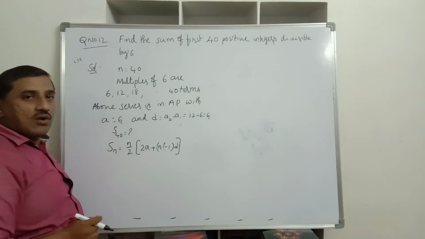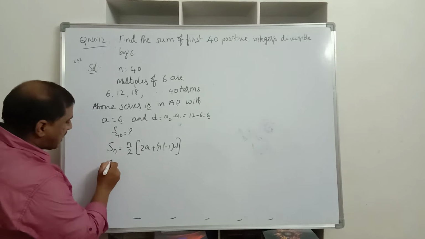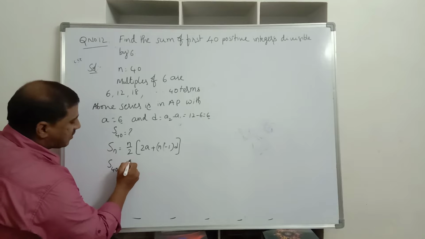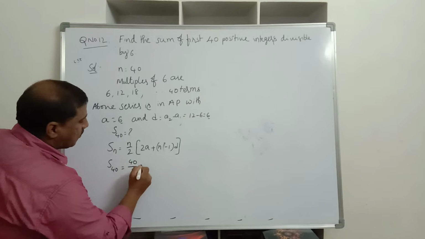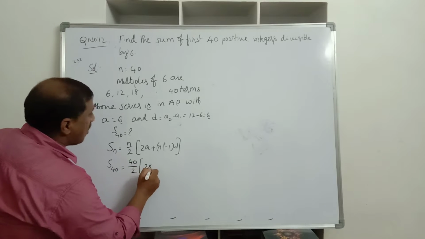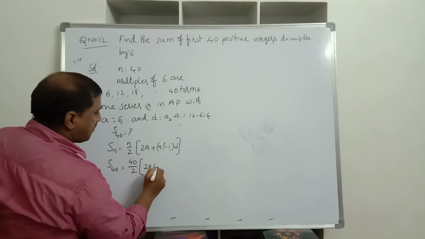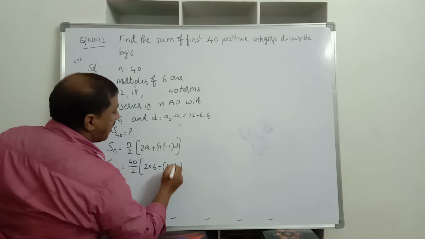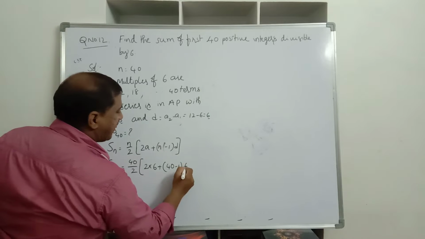Now substitute n equal to 40. Therefore S40 is equal to 40 by 2 into 2 into a, which is 6, plus (40 minus 1) into d, which is 6.